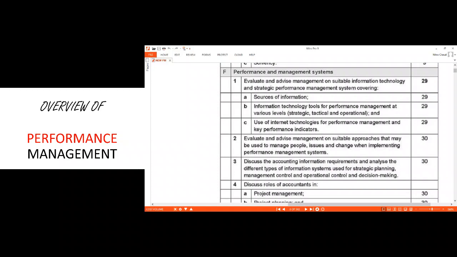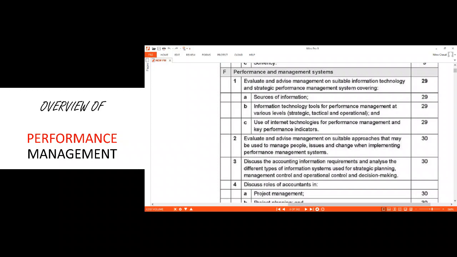How can we advise management even as regards the information technology and performance of the organization? The sources of information will be looked at, quality of information will be looked at, appropriateness of information, and the like. Information technological tools will be looked at, as it relates to our present world.